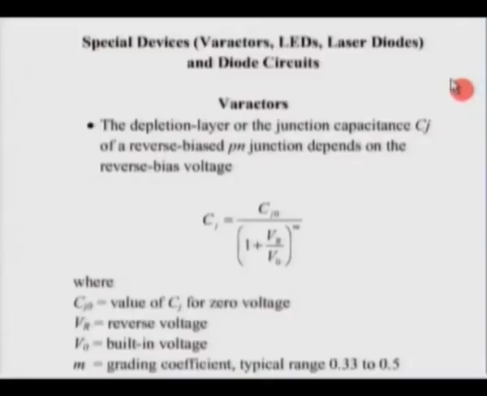Now, to give a small recap of what we did in this particular lecture, let me just spend another 5 minutes quickly to recap. We talked about special devices, we talked about varactors, and their use as kind of voltage controlled capacitors.